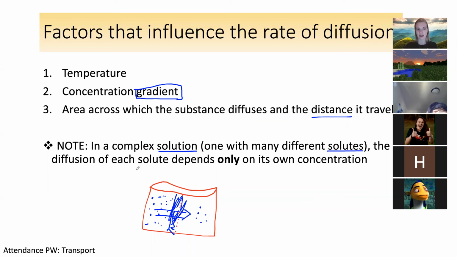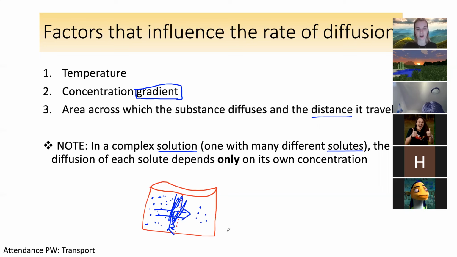When we're looking at diffusion, we have to look at each solute on its own. So if I had sugar and sodium ions and proteins in this messy mix over here on the left, I would have to look at the diffusion of each of those solutes on their own, because how they travel depends upon their concentration as well as some other factors.